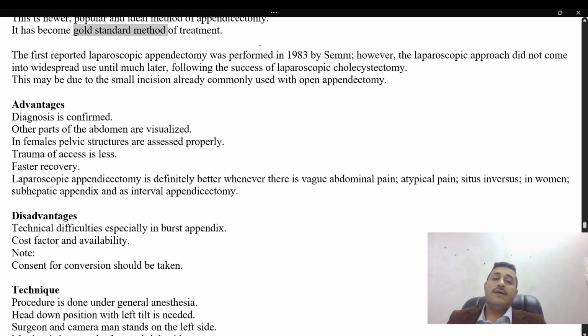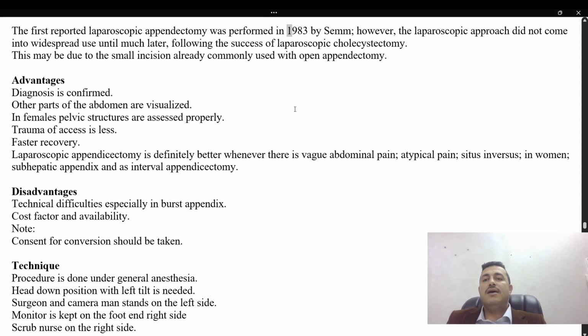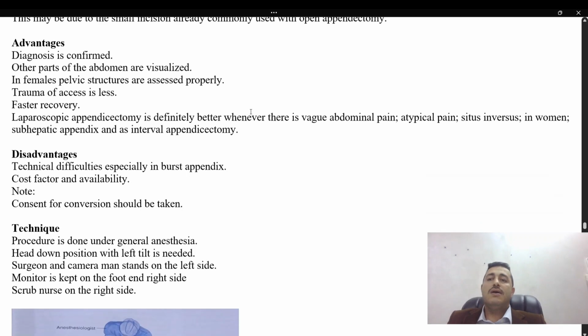It was first done in 1983 and became popular just after laparoscopic cholecystectomy became popular. This is because the incision for open appendectomy is small, but in general now the standard treatment for appendicitis is the laparoscopic appendectomy.